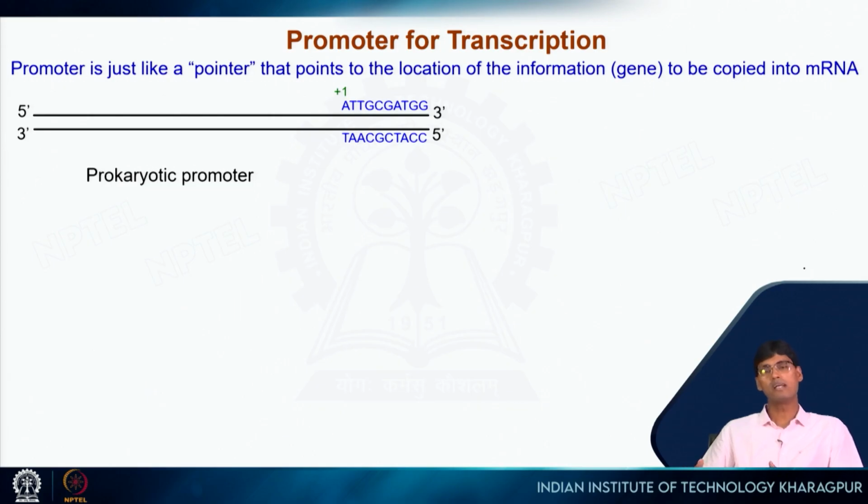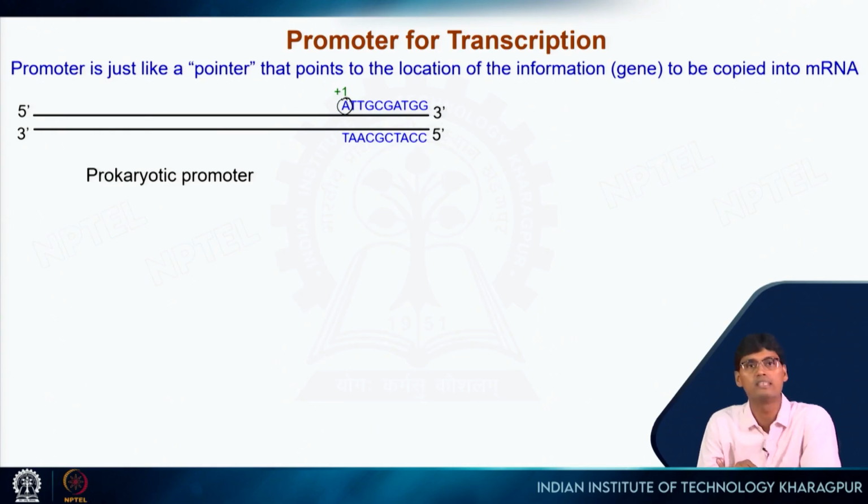This is similar. Based on the requirement inside the cell, we have a very complex regulation mechanism. The cell will guide properly so that the particular gene will be transcribed. That is why before the gene we have the promoter sequence, and it will help to start the process. As you can see here, in this sequence we are writing double stranded DNA and the 5 prime to 3 prime sequence.